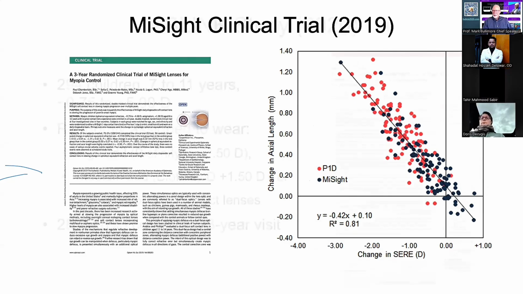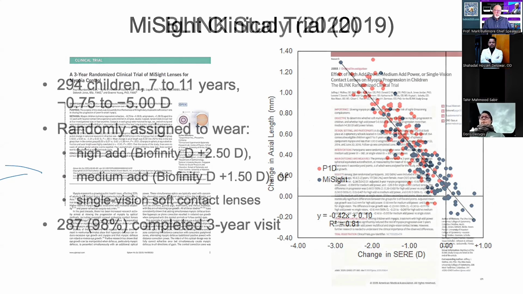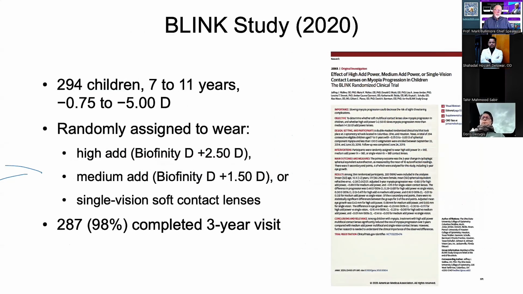and myopia progression. More recently, in a large randomized clinical trial of almost 300 children, they randomly assigned children to wear either a high-add center distance multifocal contact lens, a medium add, or single vision. One of the remarkable things about this study is that 98% of the children completed the 3-year study.